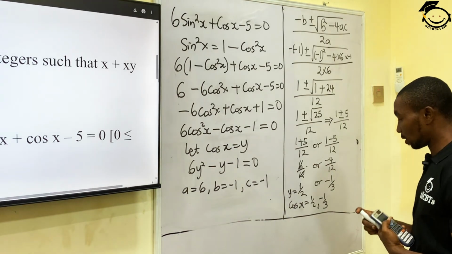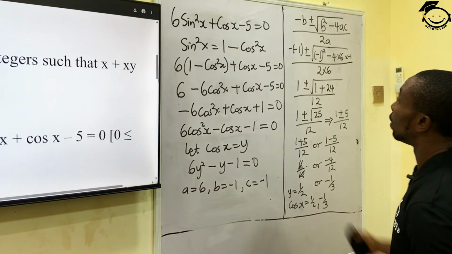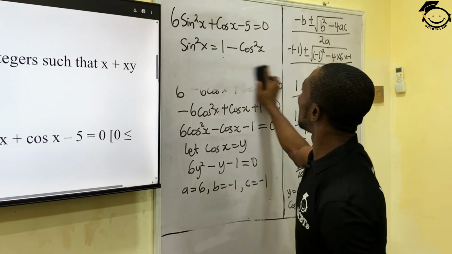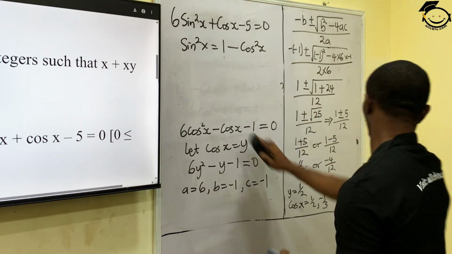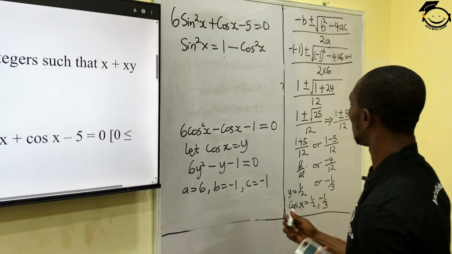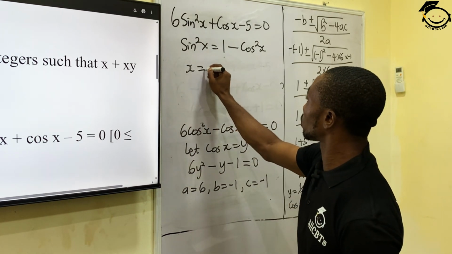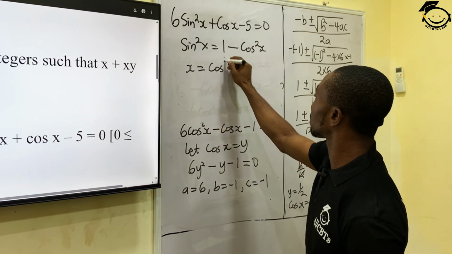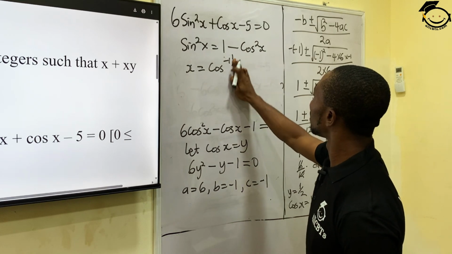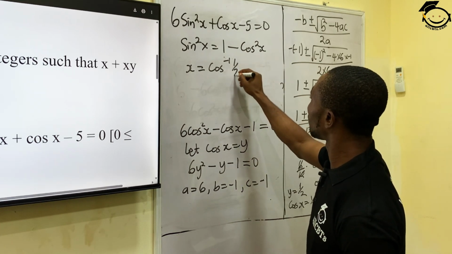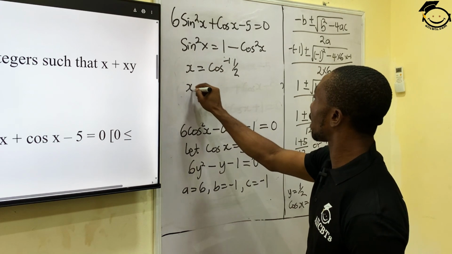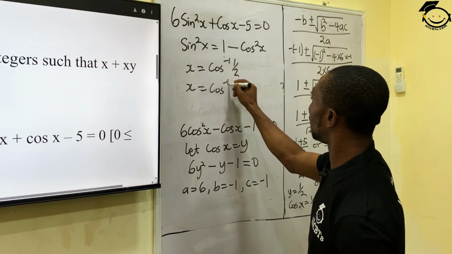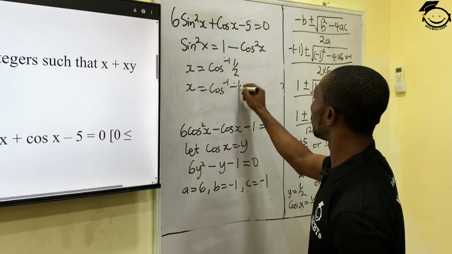In order to find the value of x, x equals cos inverse of half, or x equals cos inverse of minus 1 over 3.